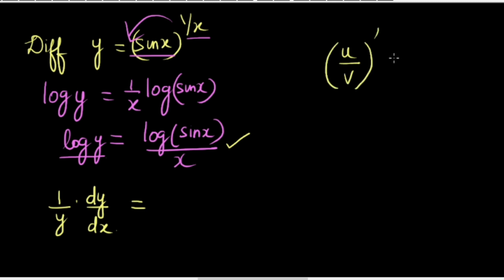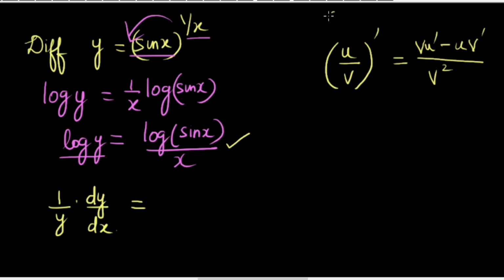The quotient rule says that the denominator v is squared, and in the numerator we write the denominator first and take the derivative of the numerator, which is u dash, minus the numerator as it is times the derivative of the denominator, which is v dash.